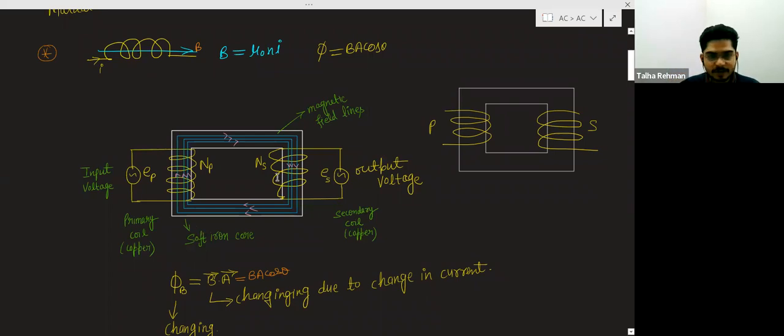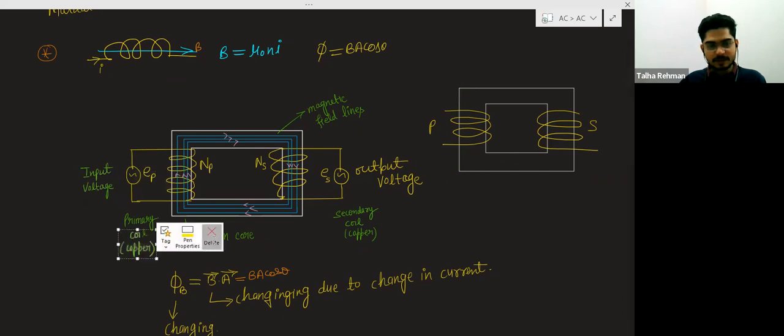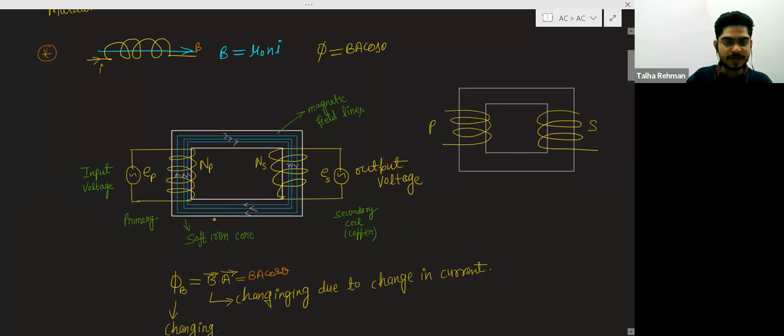Here, this white color thing is the soft iron core, and here is the primary winding like this. The primary winding has some input voltage. Input voltage means some supplied alternating voltage is there. So this is the primary winding, and this is the secondary winding.